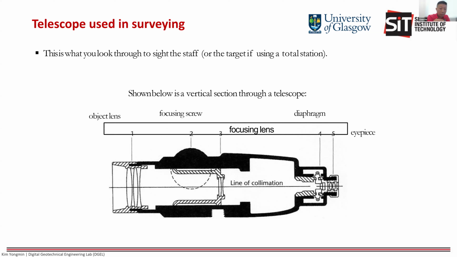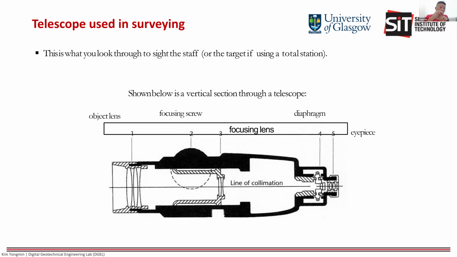You can see from the left-hand side to the right-hand side. On the left-hand side you have an object lens, and then you come to the focusing screw. The focusing screw is for you to adjust the focus to make your sight sharp and read the staff reading easily. This focusing screw actually controls the focusing lens. Behind, at your right-hand side, you have the diaphragm and the eyepiece.